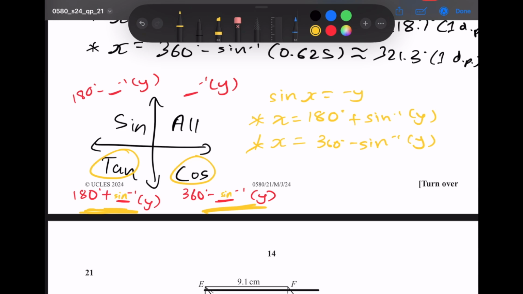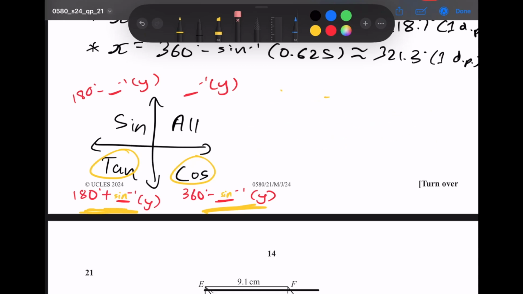So now we use the same thing for the cos and tan. So if we had cos x was equal to positive y, then we take the two regions where cos is positive. So in this case, all, where we always take the positive values, and cos.